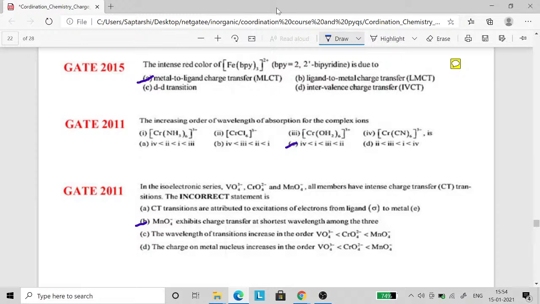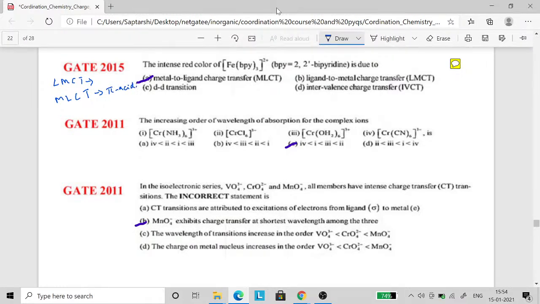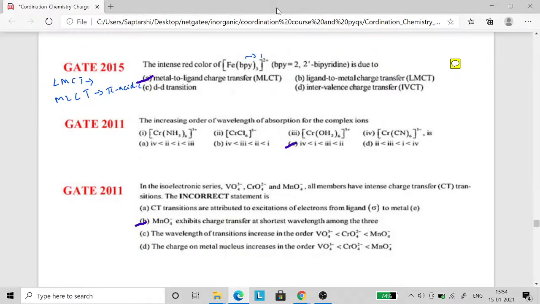For LMCT, the ligand to metal, the ligand has to be a donor ligand, like a pi donor or sigma donor, and for MLCT the ligand has to be pi acidic. And here bipyridine is actually pi acidic.